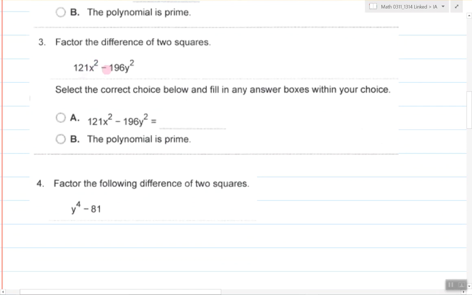121x squared minus 196y squared. That means no common factor, 2 terms. 121x squared, is it a perfect square? Yes, that is 11 squared. 196, is that a perfect square? Yes, it's 14 squared.